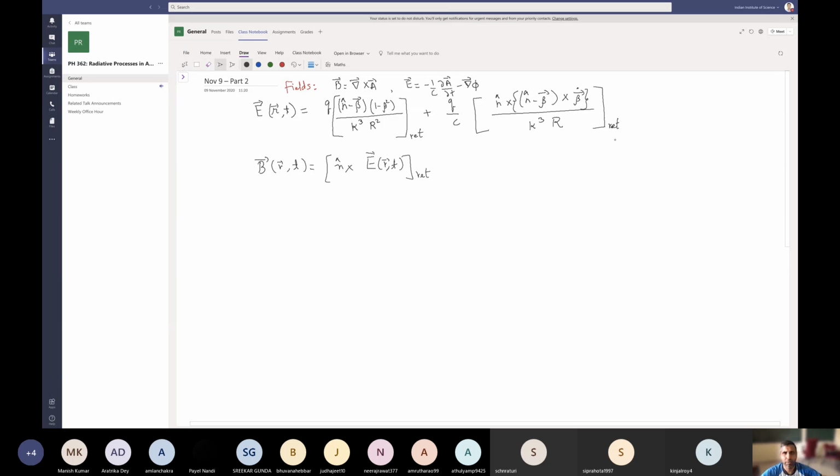Okay, now what does this mean? Here we have 1 by r squared, here we have 1 by r. This is called the velocity term, and this is called the radiation or acceleration term.